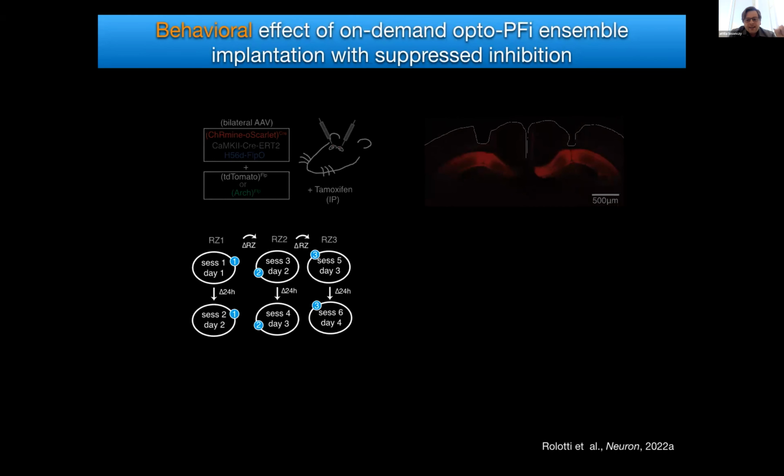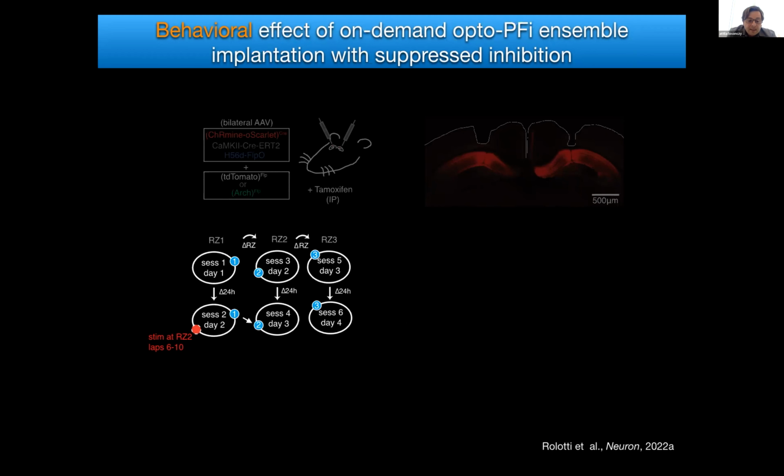The trick was that while the animals were learning the first reward zone, we applied this ensemble-level opto-PFI at a randomly chosen location on the belt. During the next session, the reward zone was moved to this very location, so we could see whether this ensemble opto-PFI had a behavioral effect during the learning.